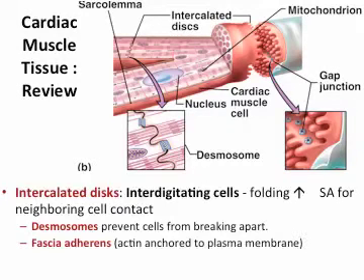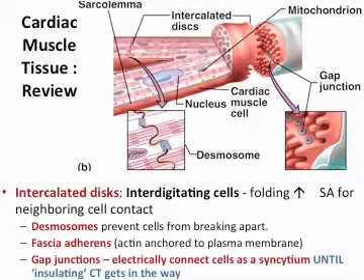So we talked about the desmosomes. In addition, it doesn't show it in this cartoon, but there's another protein structure called the fascia adherens, and that anchors the actin of one cardiac myocyte to the actin of another cardiac myocyte. The fascia adherens also prevents cells from breaking apart.